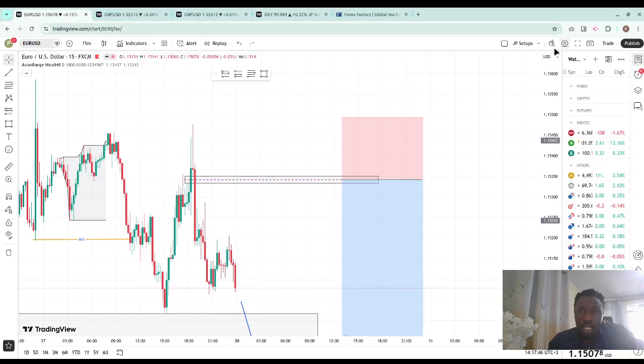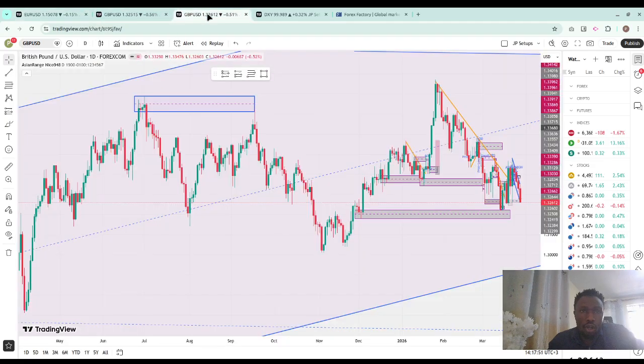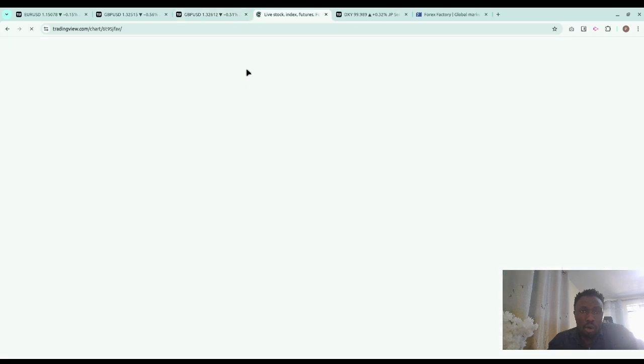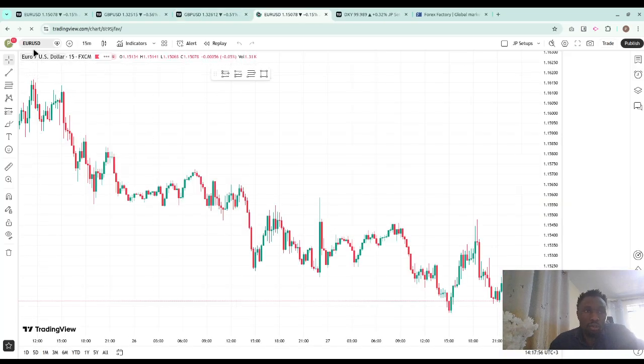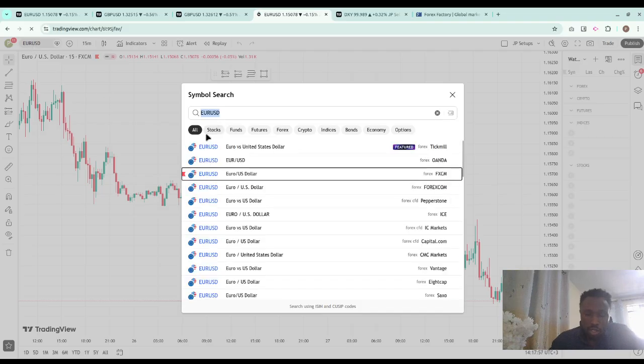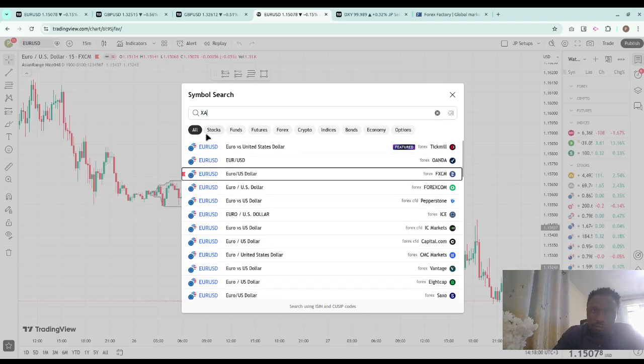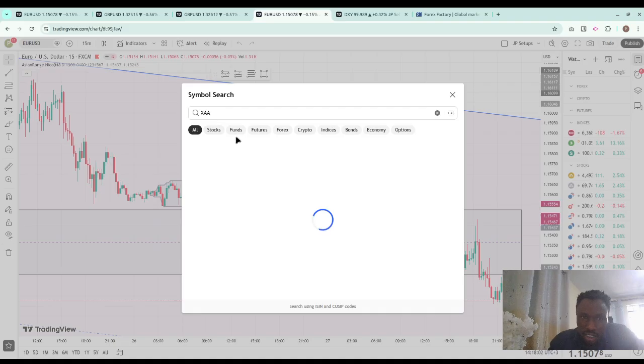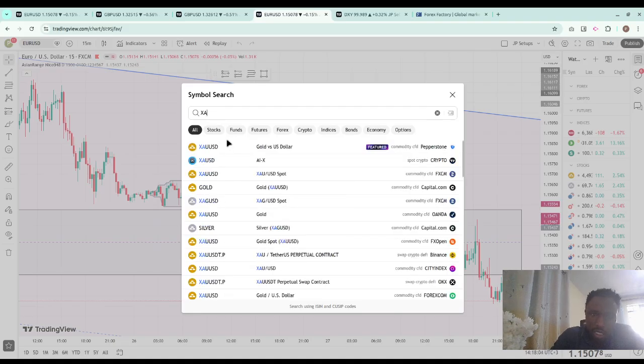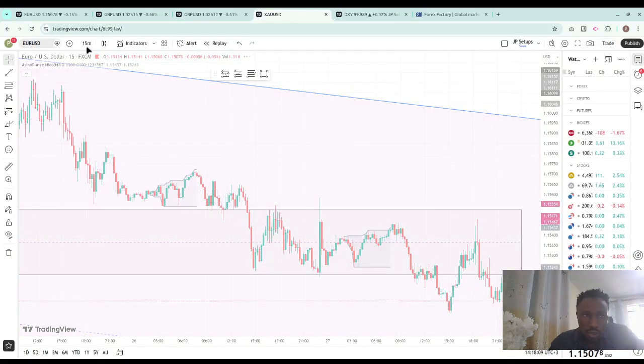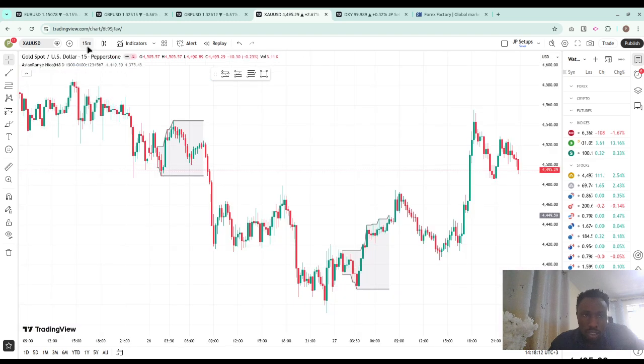Then now the last pair to check out, I'm interested to also check out on gold. Okay, I'm currently not trading gold, but I always love to see how gold behaves. Maybe we'll start trading gold, but it's not my favorite pair, but I just enjoy looking at it and doing analysis on gold.